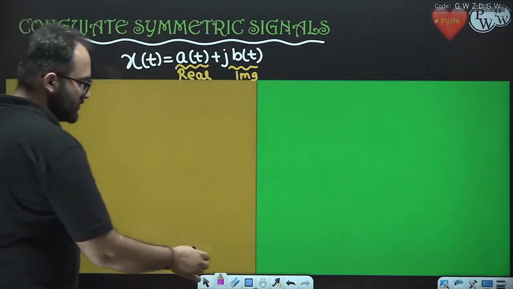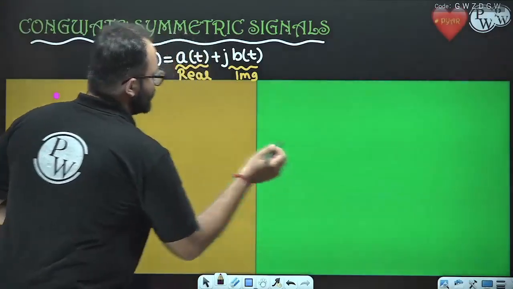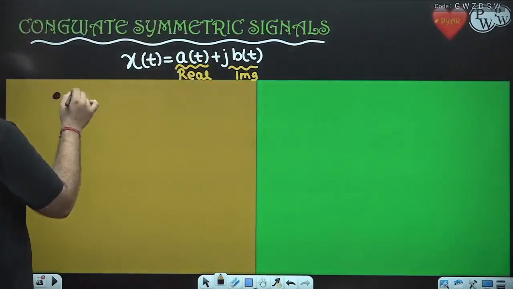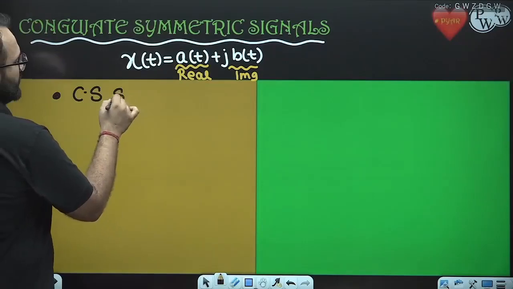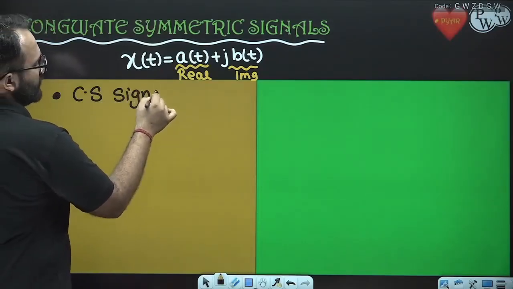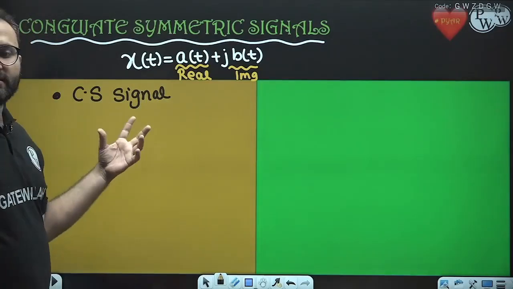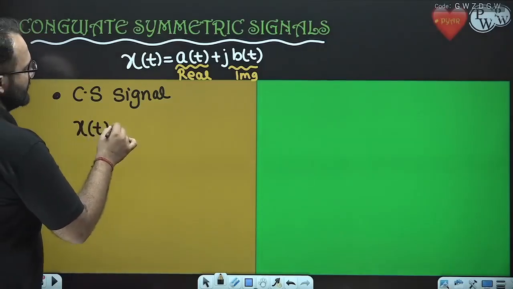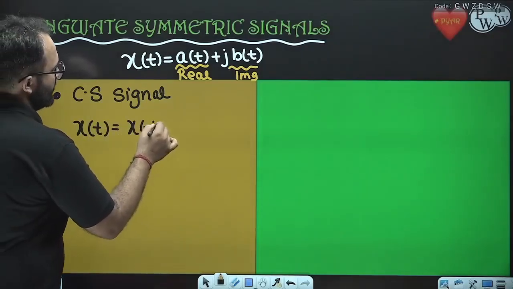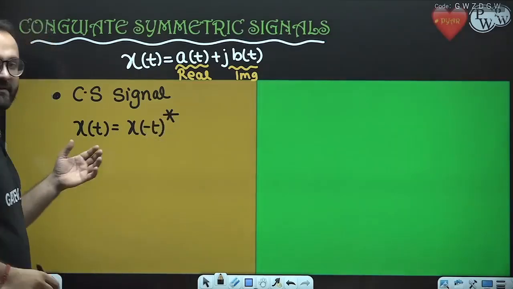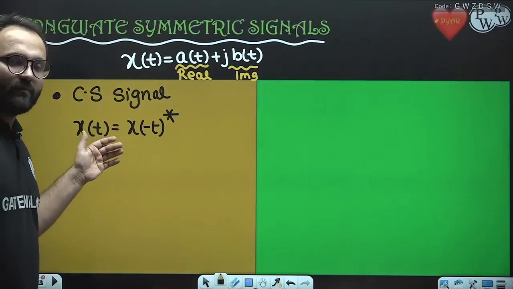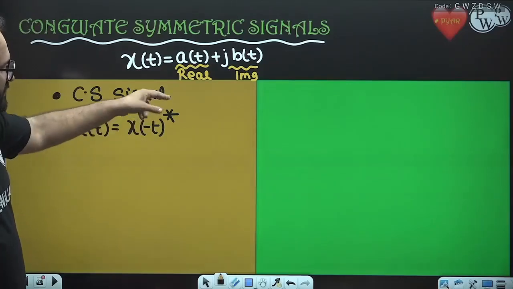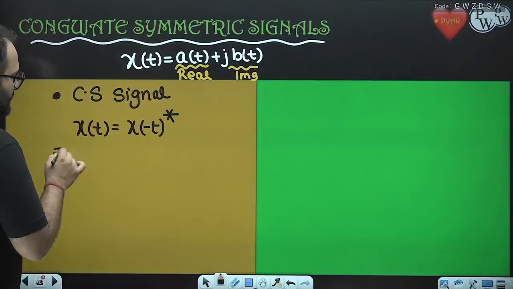Since the signal is conjugate symmetric, it will follow the property of conjugate symmetric. What is that property? x(t) equals x(-t) whole conjugate. That is the same as the even one, x(t) equals x(-t), only there is a conjugate sign here.